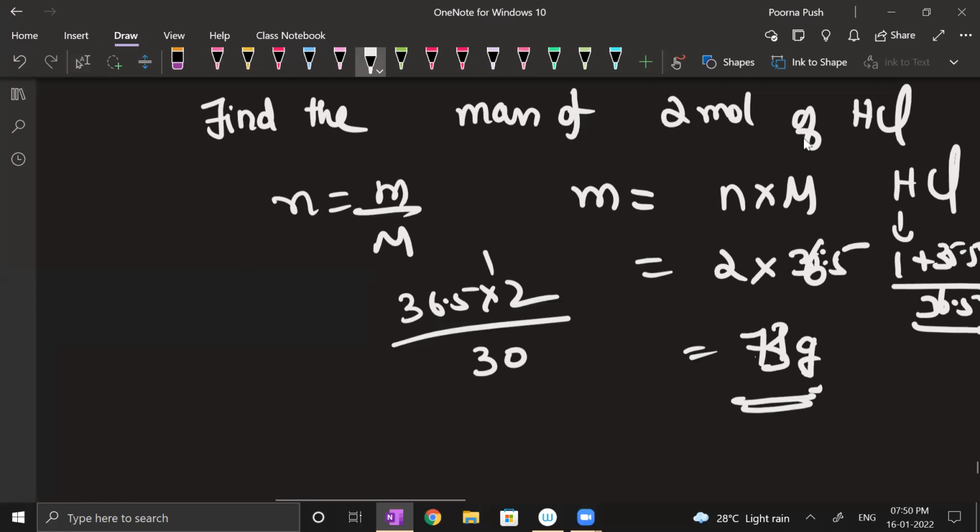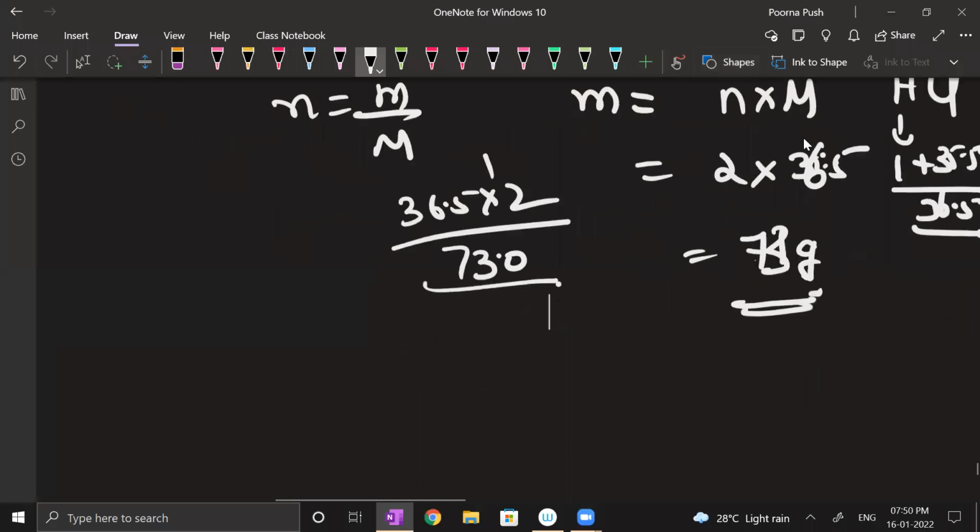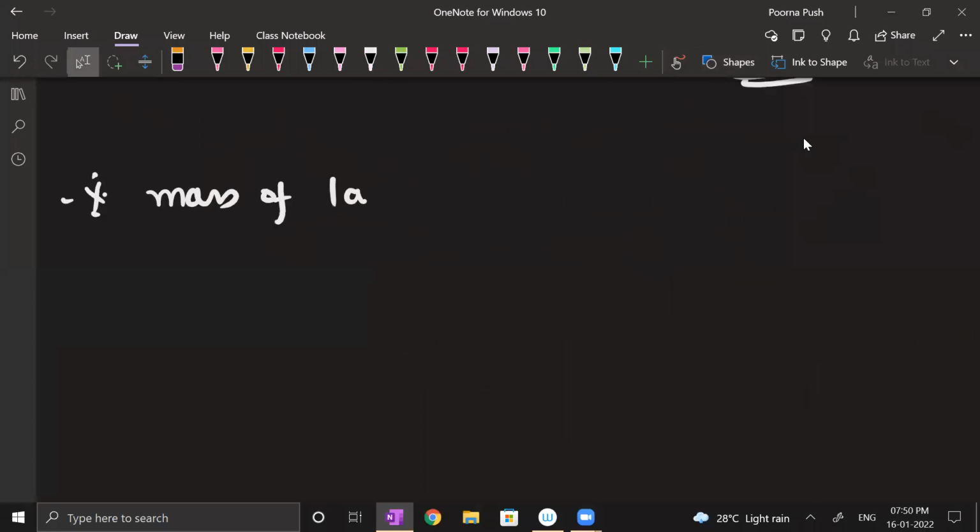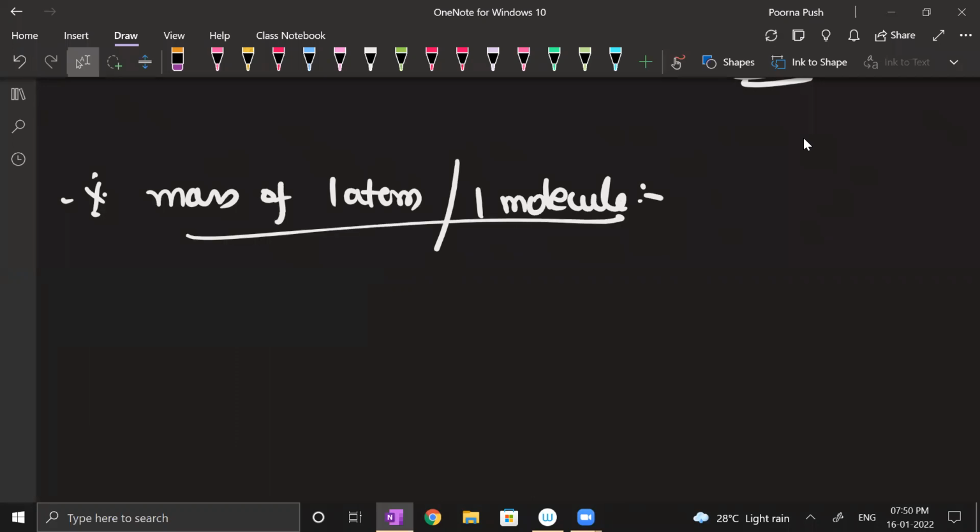See, mass of this is also important: mass of one atom or one molecule. How to calculate this?